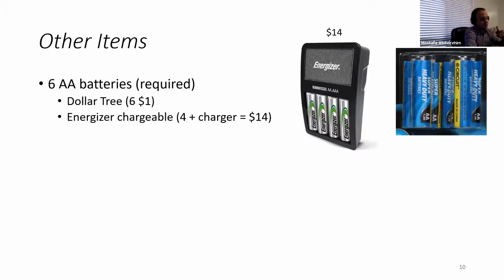Or, if you are rich, you can buy the rechargeable Energizer batteries, which are very nice, just $14 on Amazon. By the way, these are the recommended batteries for this robot, because the motors consume a lot of current. If you just use normal batteries, you will have to change them a lot.